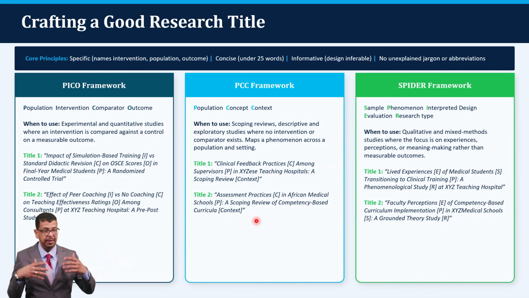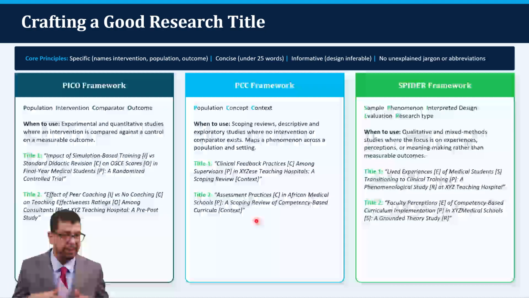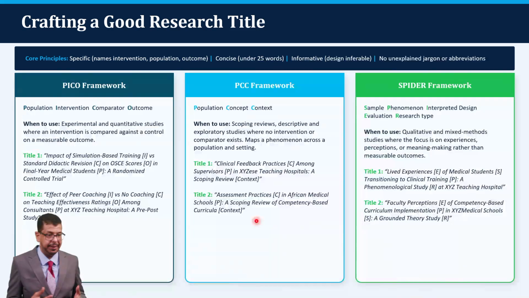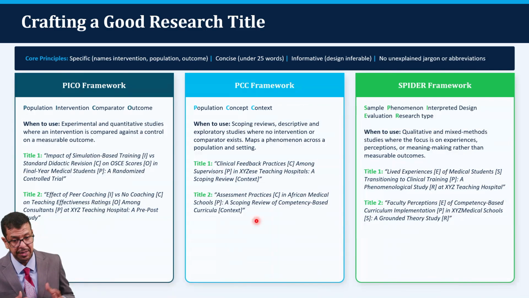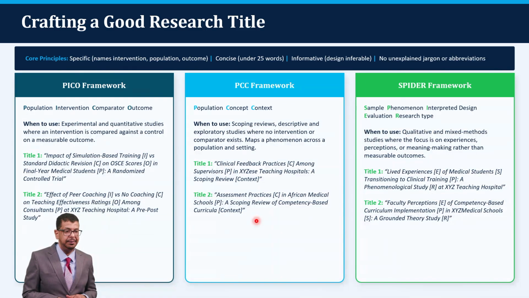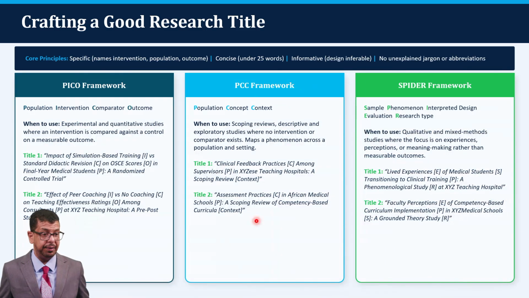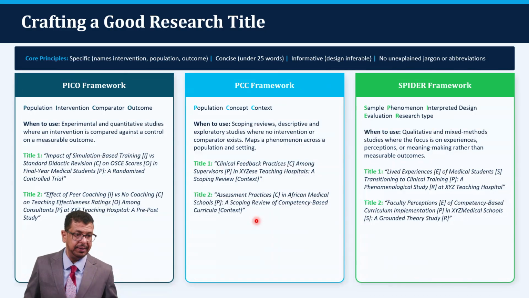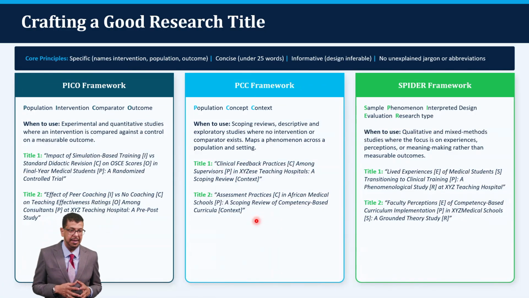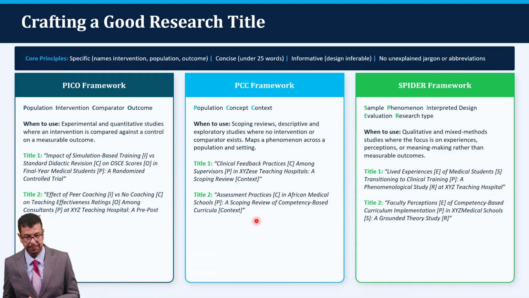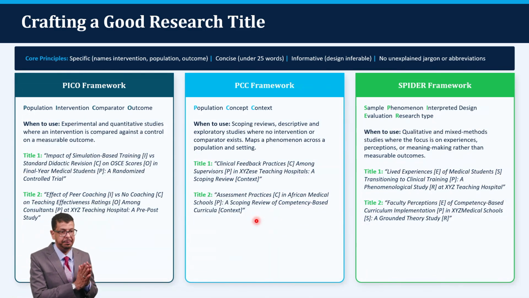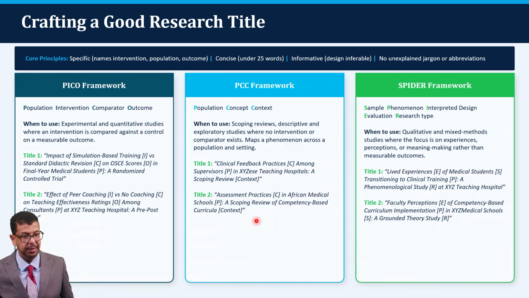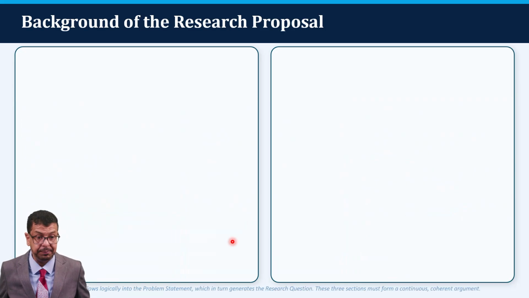Here the sample is medical students, the phenomenon of interest is the transition to clinical practice, the E is for evaluation, lived experience, and the R, research type, is the phenomenological study design. So SPIDER stands for sample, phenomenon of interest, design, evaluation, and research type.